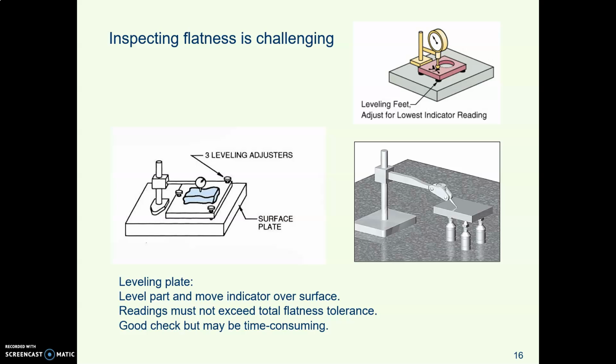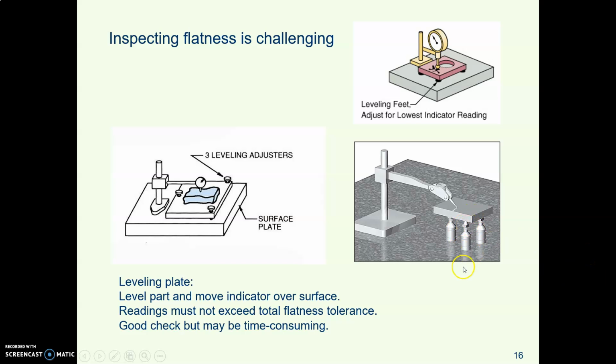Surprisingly, flatness is hard to inspect. I will just say that parallelism is the opposite. It's easy, but flatness is hard because the inspector is only allowed to inspect the one surface. They're not allowed to inspect it relative to another surface because that's not on the drawing.